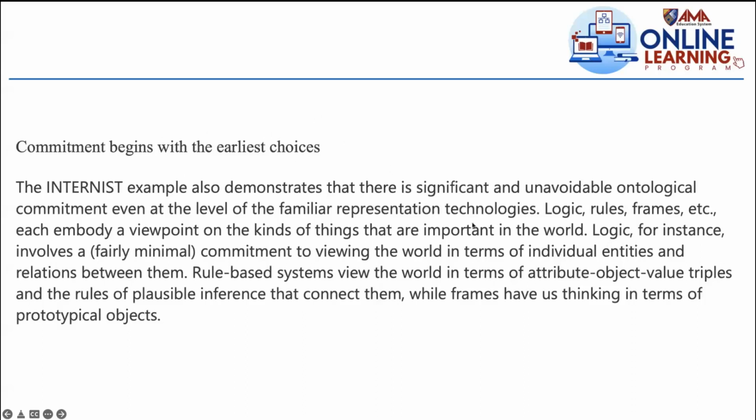So logic, for instance, involves a fairly minimal commitment to viewing the world in terms of individual entities, and relations between them. Minimal. If so, as human, you should be aware of this. If your task at hand requires viewing the world in terms of individual entities and relations between them, then don't choose logic, because as mentioned here, logic as a technique to represent knowledge has minimal commitment to this.